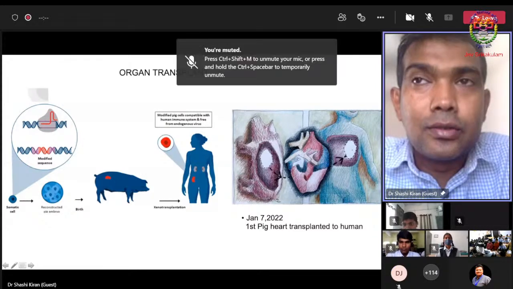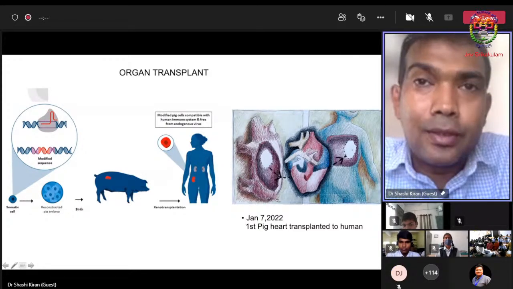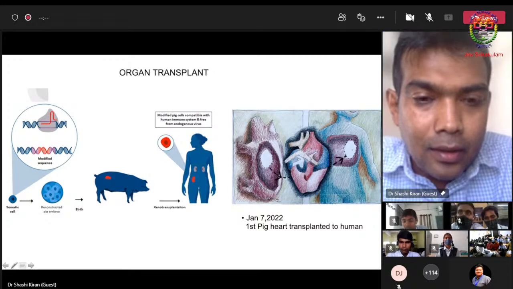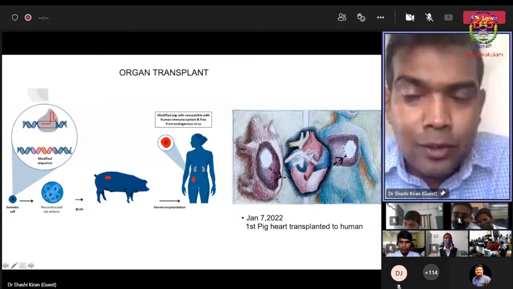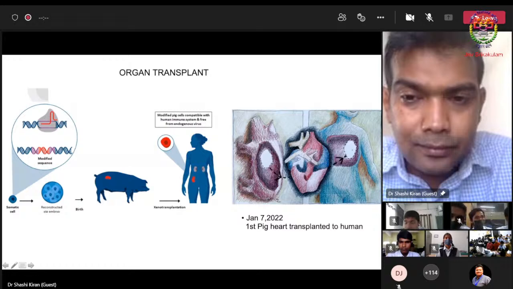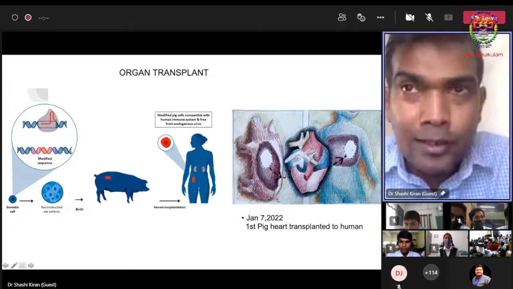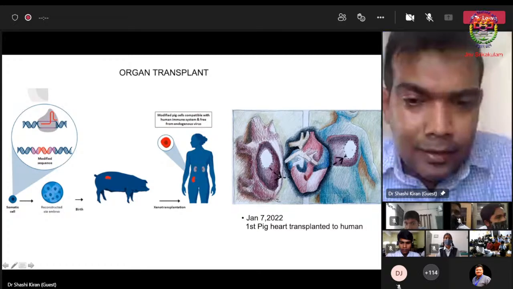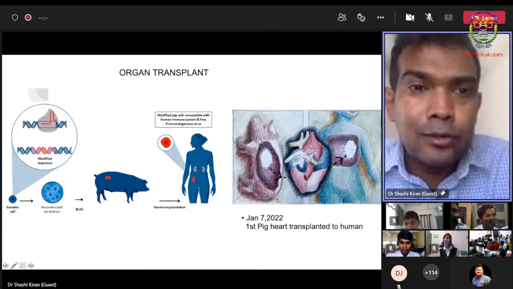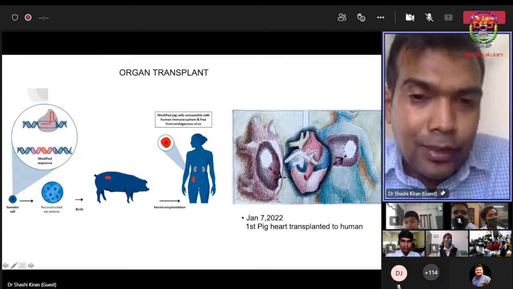Okay, so it has never been done, but I think if the patient is otherwise healthy, it is possible. What happens mostly is that if an organ rejection happens, the patient becomes very sick, and his other systems also start failing.